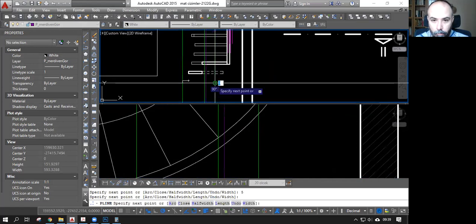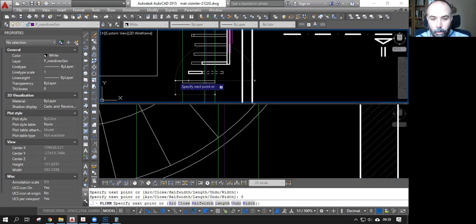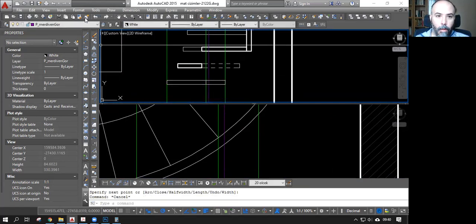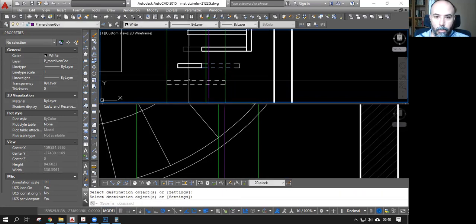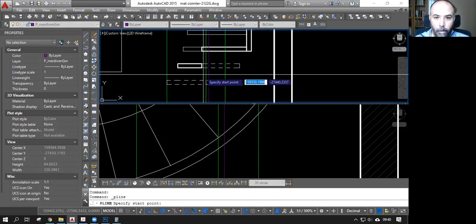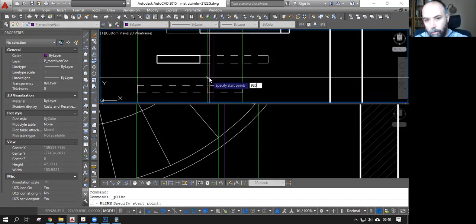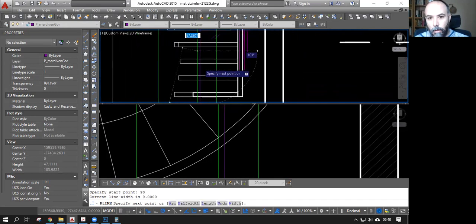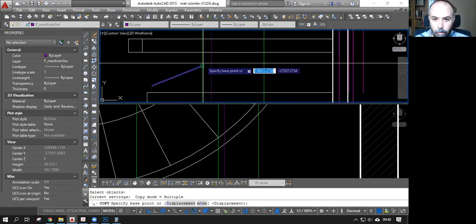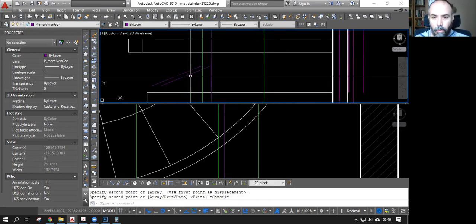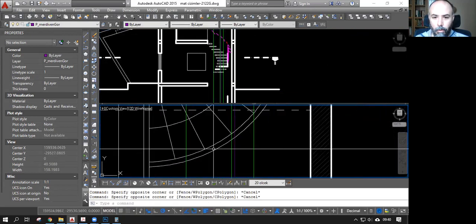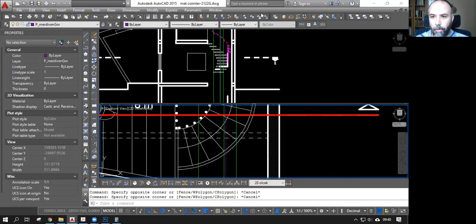Its thickness is again 5 centimeters, and this part here, and it will be in dashed lines. Now I'm going to do the handrail. I will find 9 centimeters and put that sign. Okay, this is the fourth step, and I'm going to finish the rest one by one and show you the result.